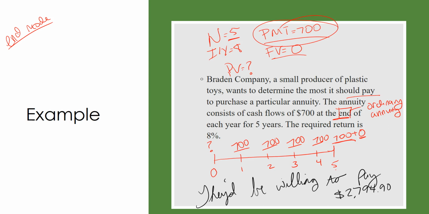If they paid less than $2,794.90, then they would be earning more than 8%, which they would be happy about, and they would proceed with the transaction. So they'd be willing to pay up to.